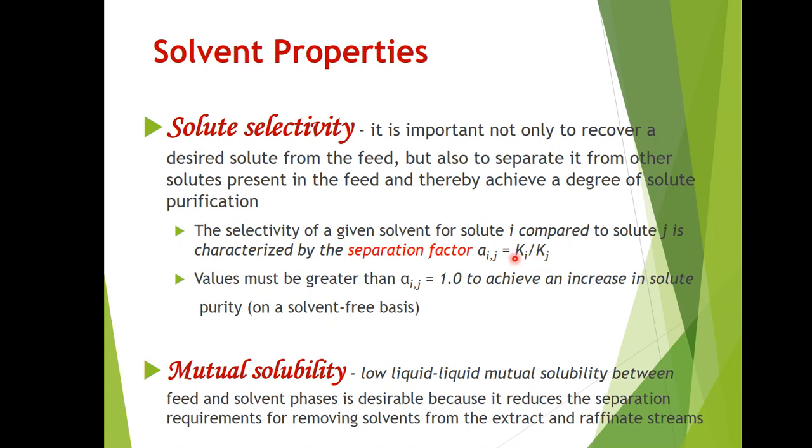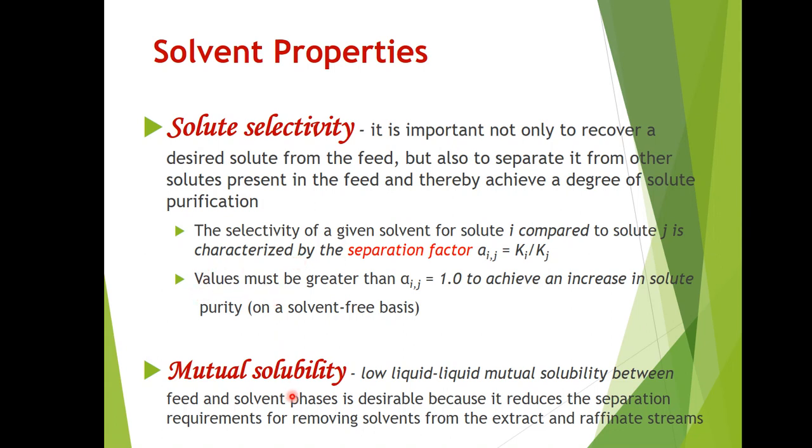If the ratio of your partition ratios or distribution coefficients is greater than 1, then that could be done, and it would be easy to separate component I from component J later on. So selectivity has to do with the preference of the extractant for a particular component in your feed.